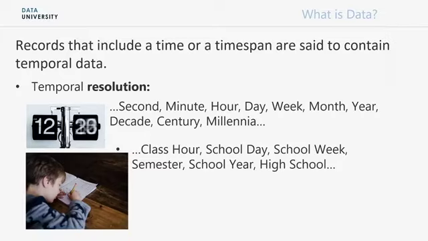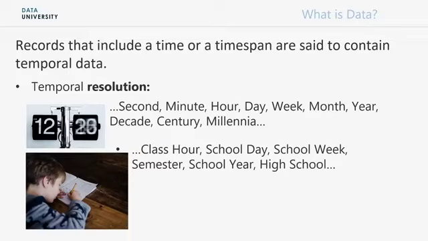Typically, this is recorded as standard time, such as seconds, minutes, hours, days, etc. It can also be recorded as passage of time as it relates to something else. For instance, in a school-related data set, temporal data could include class hours, school days, the school week, semesters, school year, or a span of school years, such as elementary school, middle school, or high school.